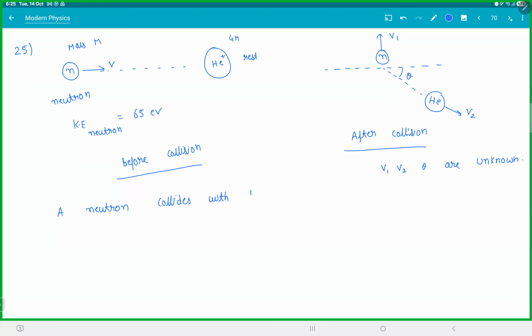A neutron collides with a He plus obliquely and scatters at 90 degrees after collision as shown.